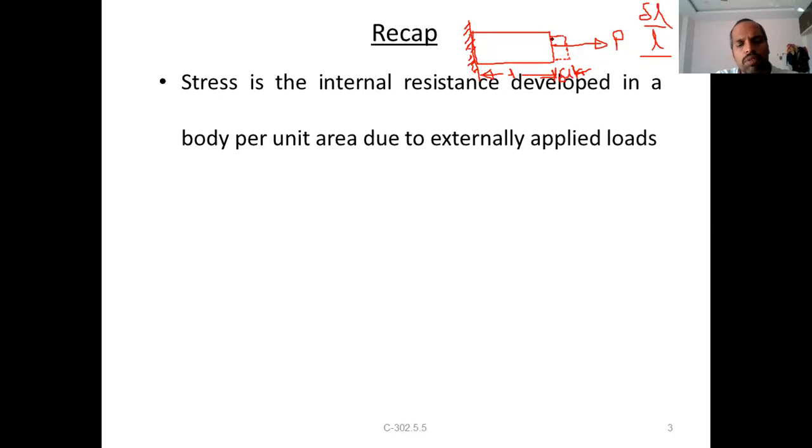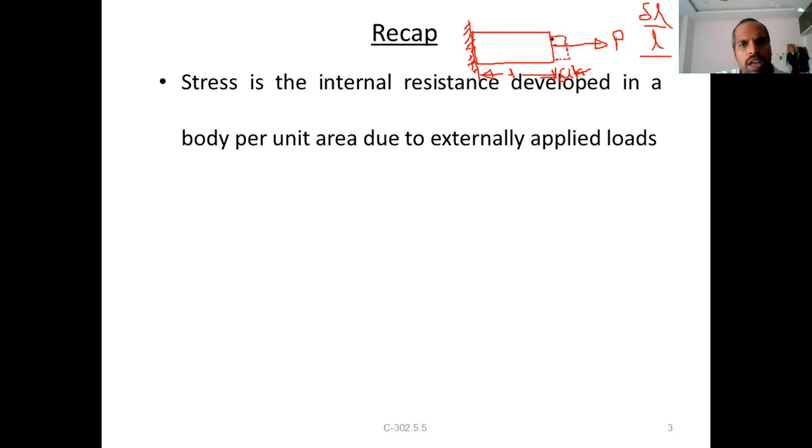When a force is applied, whether the body is deforming or not, if the load is very small initially, there will not be any deformation. If the load goes on increasing, obviously there will be deformation.